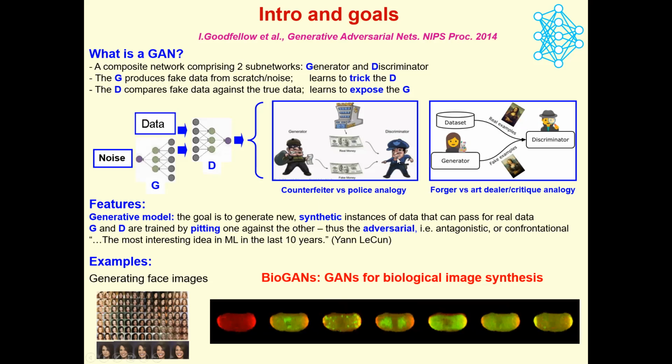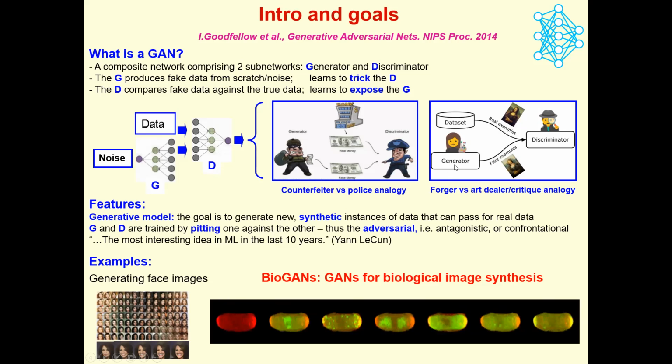And the police attempt to determine whether the bills are genuine or fake, and give feedback to the counterfeiter. In this example, the counterfeiter is, of course, the generator, the police is the discriminator, and the real bills issued by a bank are the data.